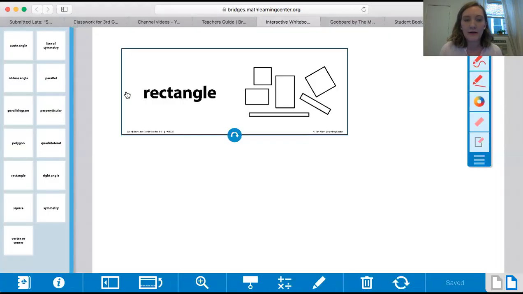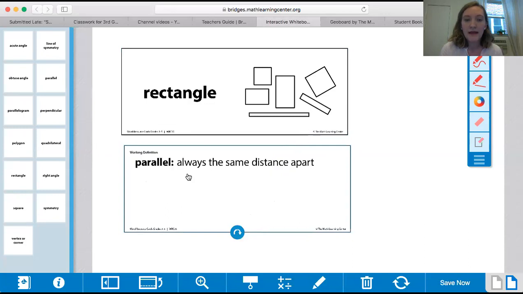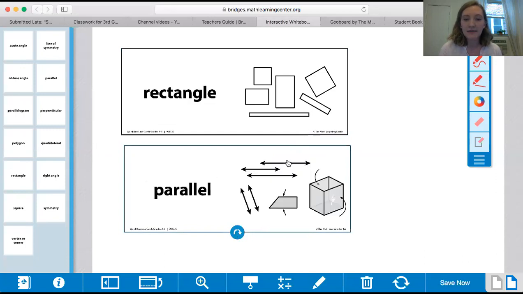Let's look at what parallel means. Let's find it. Parallel. It shows you some examples of parallel lines right here. Parallel means they're always the same distance apart. Parallel lines are the same distance apart.